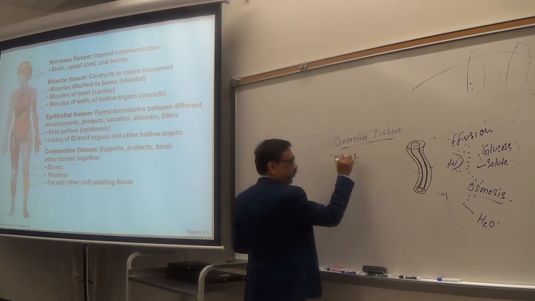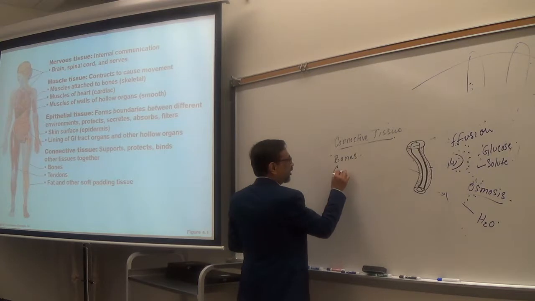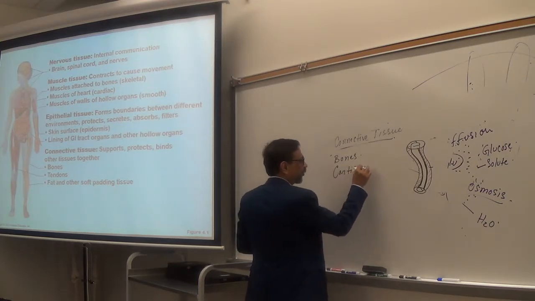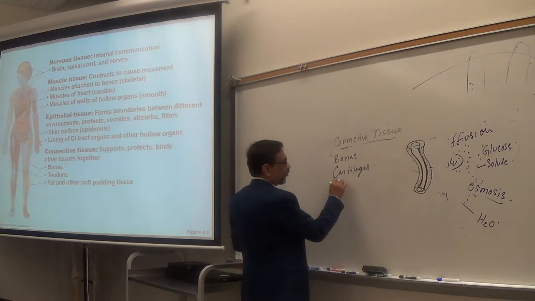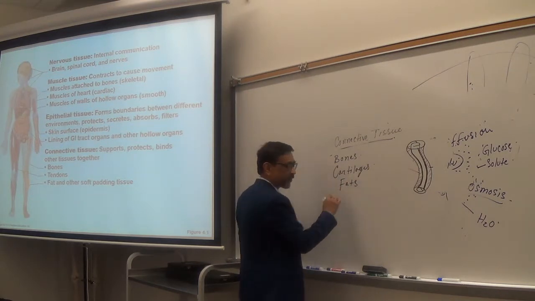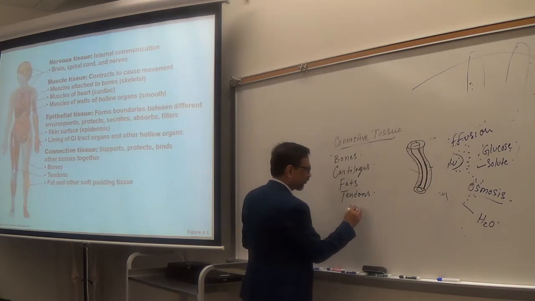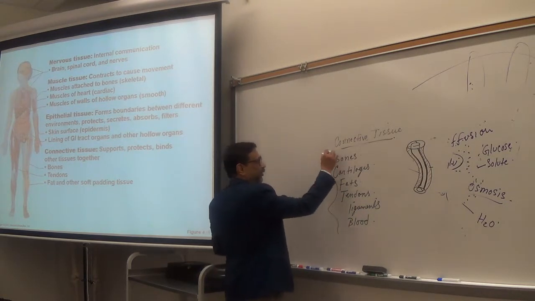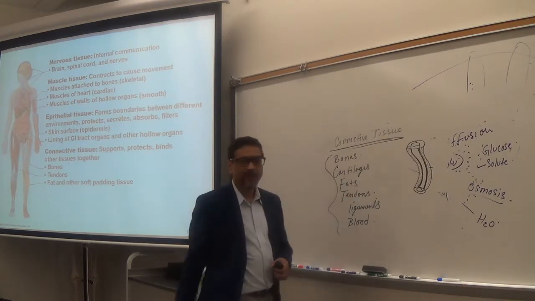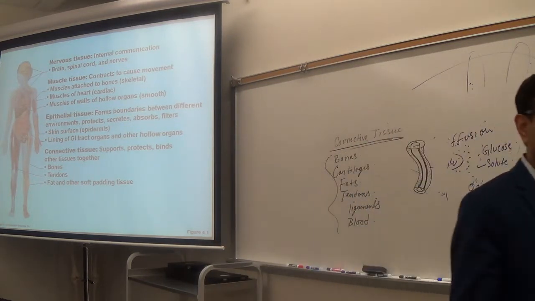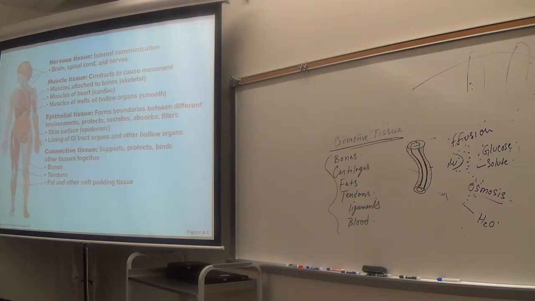Bones are formed by connective tissue. Cartilages are formed by connective tissue. Fats or adipose tissue, connective tissue. Tendons, ligaments, blood, all these belong to connective tissue. Okay? A very widely distributed tissue in the body. In many structures you will find connective tissue.